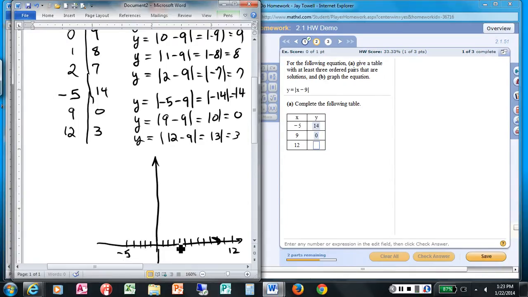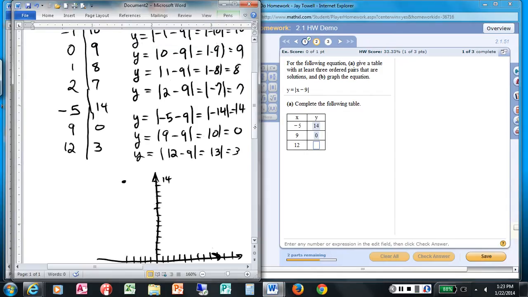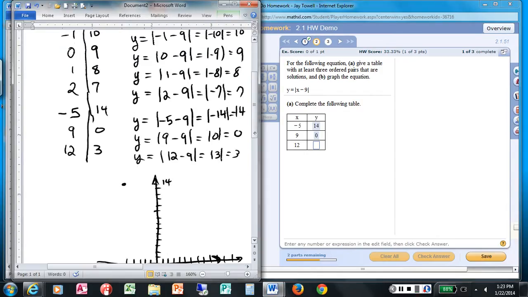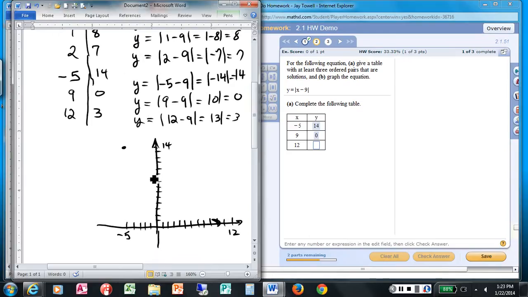At negative 5, I'm at 14: 1, 2, 3, 4, 5, 6, 7, 8, 9, 10, 11, 12, 13, 14. So negative 5, 14. We've also got negative 2, 11, and negative 1, 10.